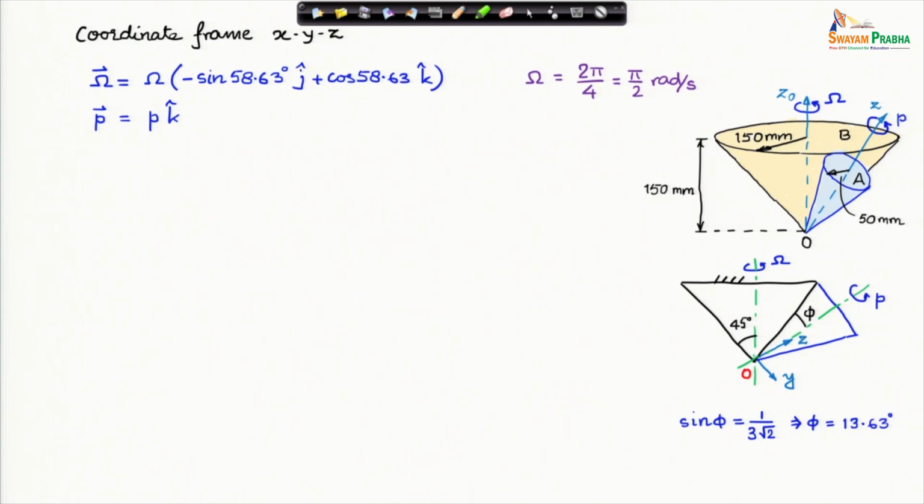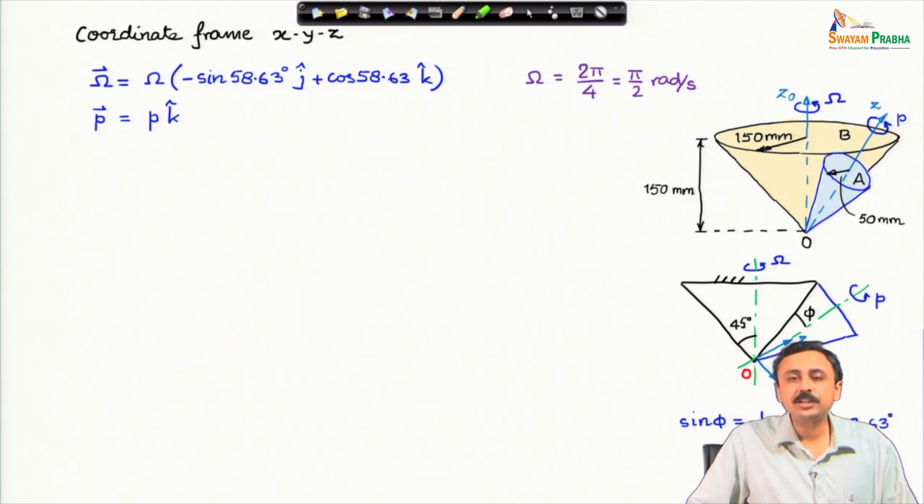Therefore, I express the spin of cone A by the p vector is equal to p times k cap. We do not know the magnitude of p, but what we know is the no slip condition between the two cones. How to use that?